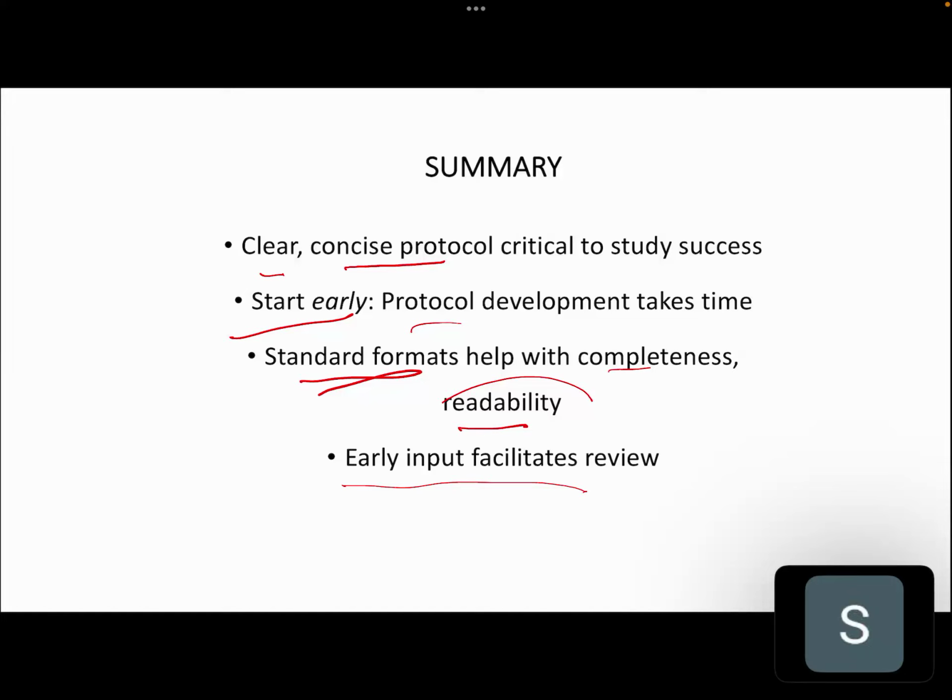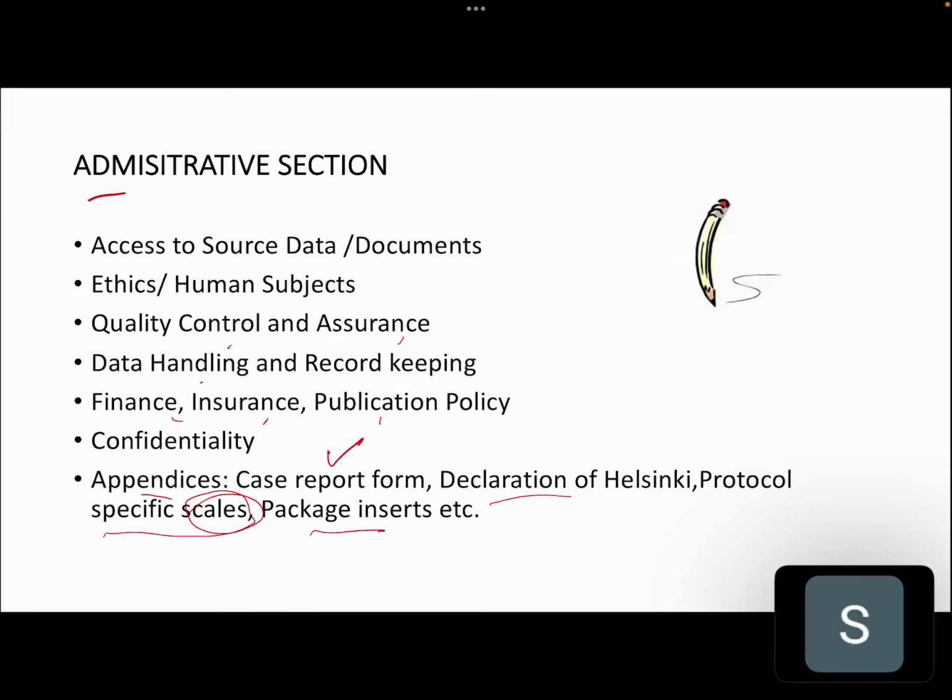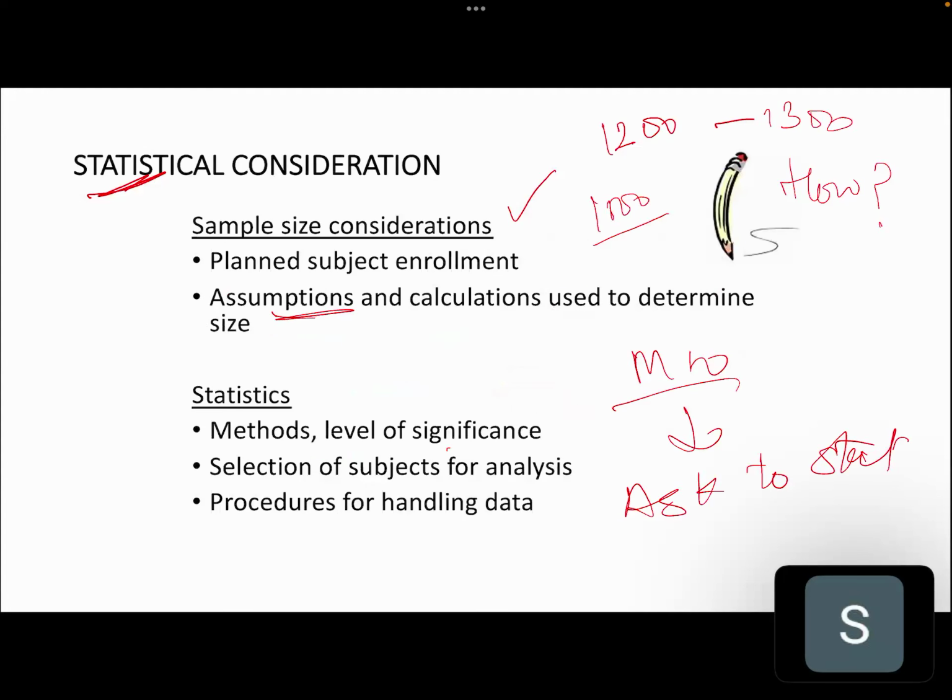Now as a medical writer or a newcomer in the team, how can you help the team to write a protocol? If you are not clear at any point, ask them the right questions. Suppose you are not clear about the stat section, send an email to your study statistician: could you please provide this detail at the earliest?